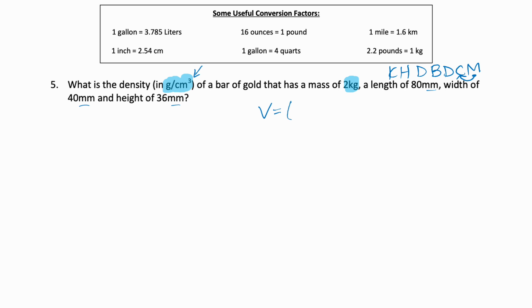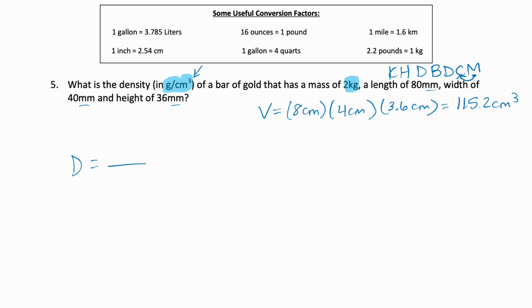So that would give us 8 centimeters times 4 centimeters times 3.6 centimeters. And then when we multiply those together, 8 times 4 times 3.6, that's going to give us 115.2 centimeters cubed.